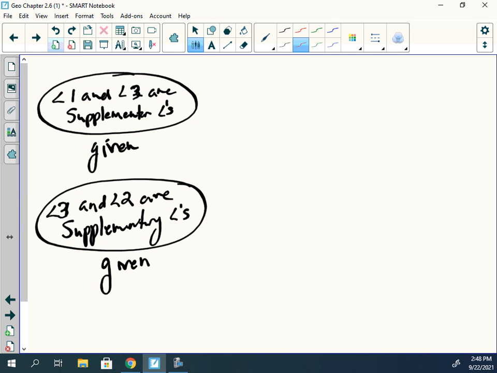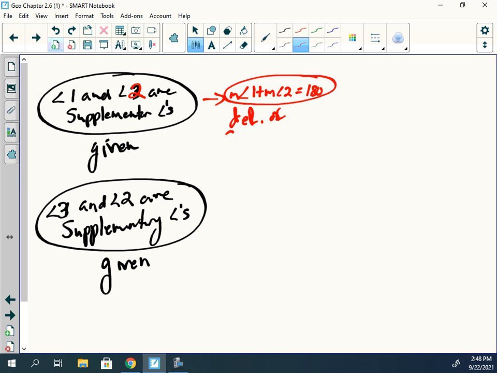Now, we're not going to connect these two together because do those actually connect to each other? Because the fact that 1 and 2 are supplementary angles and 3 and 2 are supplementary angles really don't have any impact on each other. But what we know is that since 1 and 2 are supplementary angles, the measure of angle 1 plus the measure of angle 2 is equal to 180 degrees.